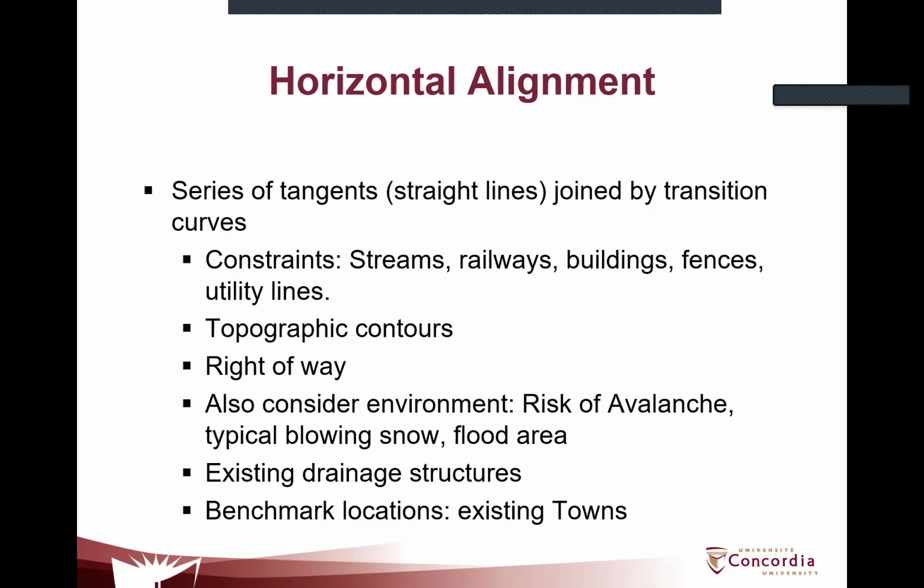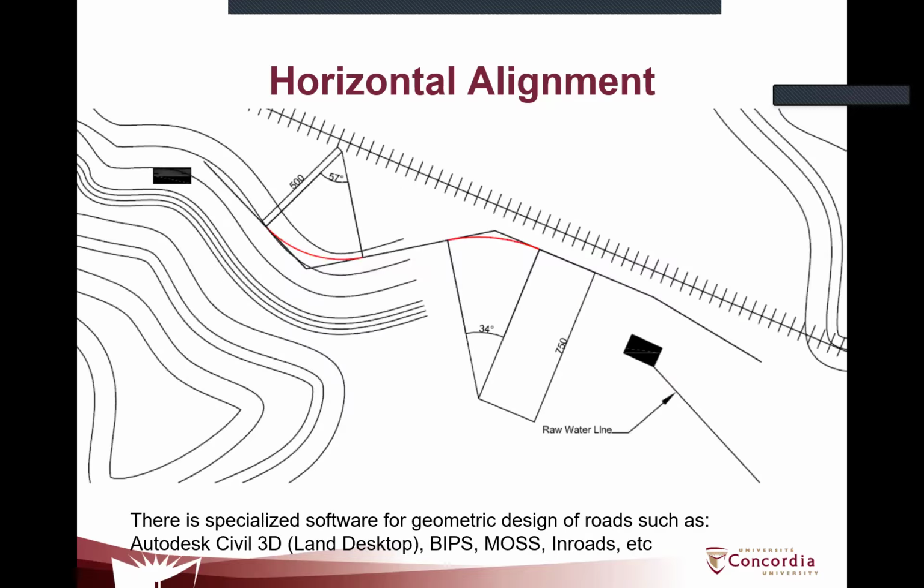So in the horizontal alignment, we're going to throw in a series of tangents, straight lines that will be joined by curves. This is typically traced on top of contours, and that will give you your right of way as well. So here, for example, we have in red the curves of curvature and the radius, 500 meters, 750 for these two sample curves.